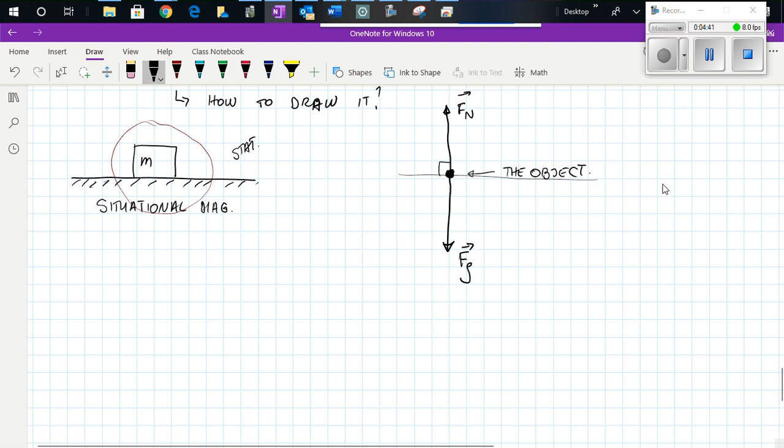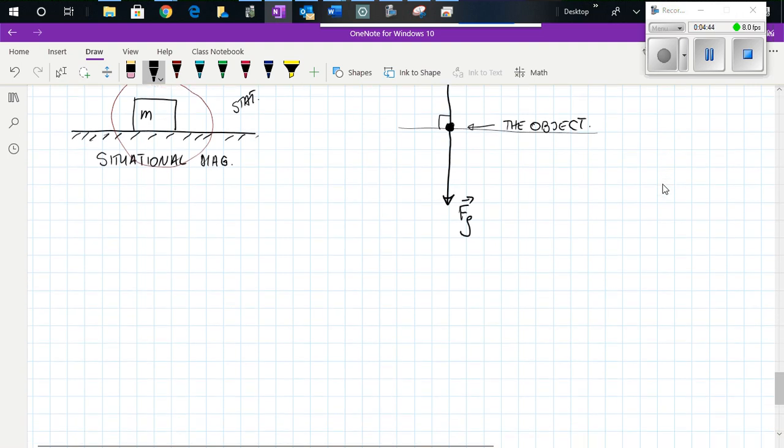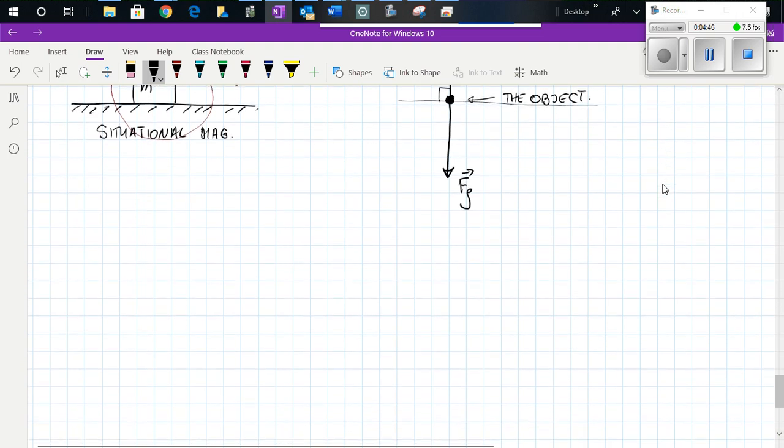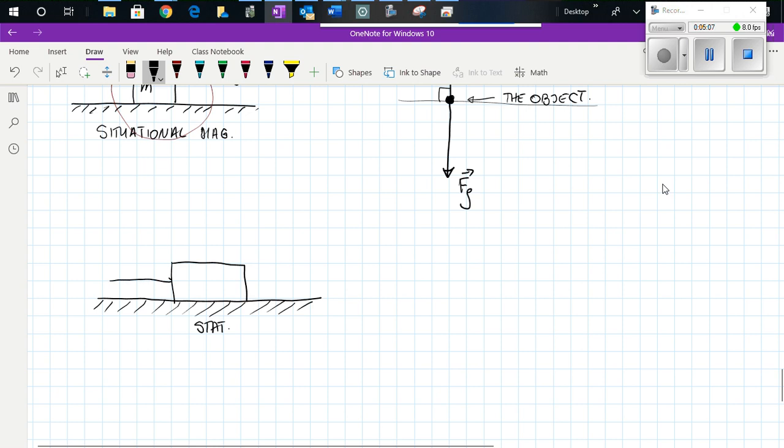Let's take another situation. Let's complicate this situation a bit. Again, on a horizontal surface, we will have an object that is stationary, and it's experiencing a force applied that is horizontal, parallel with the horizontal, of 20 newtons.